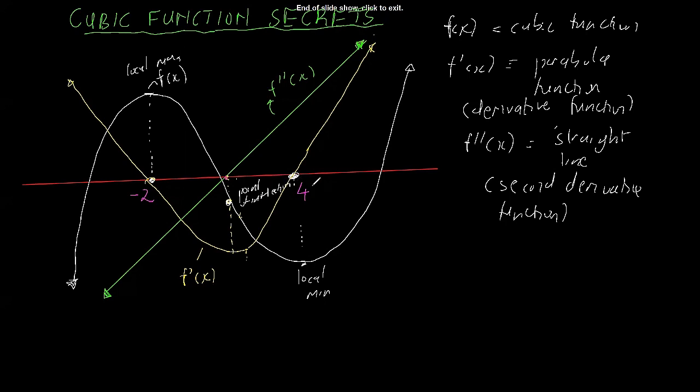Now we'll be looking at the behavior of the cubic function, but we want to relate that behavior to the parabola function, which is the first derivative, and also the straight line function, which is the second derivative function.